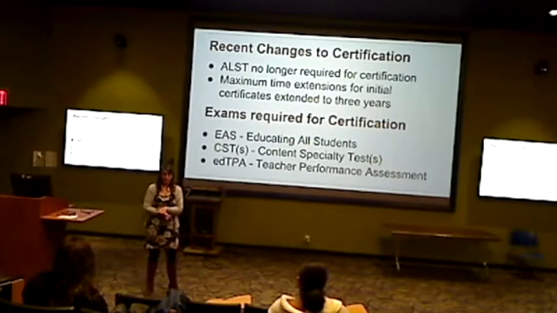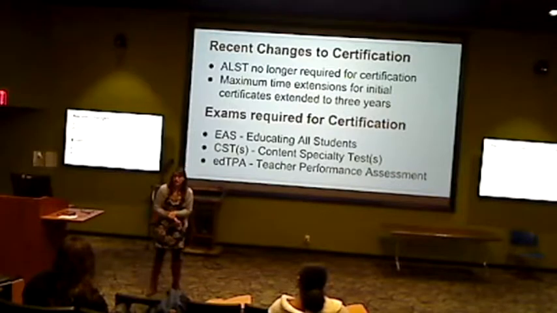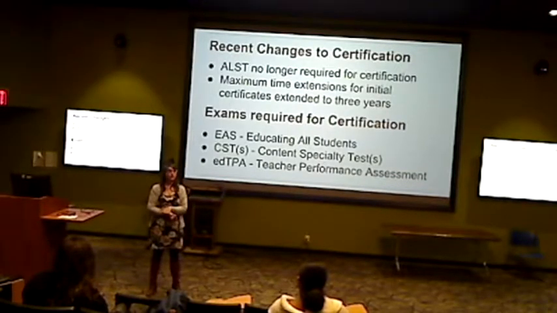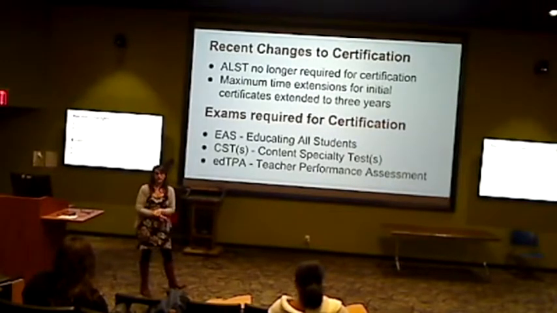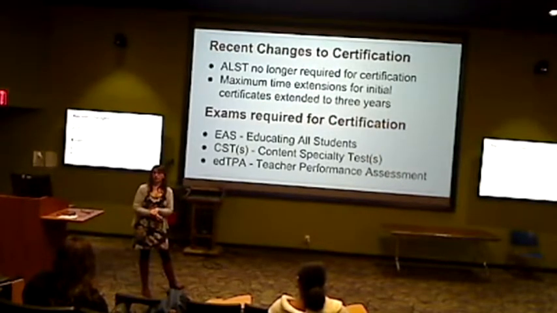As an example, and it's different for every certification area, if you were in a childhood special education program that led to both childhood education certification, generalist, as well as students with disabilities certification, you would be taking 2 CST exams. It's different for every certification area and every program, so it's important to check with your program to see which exams are required.